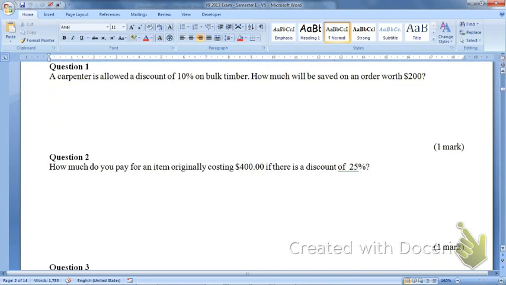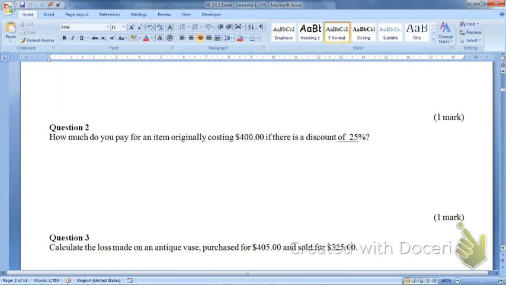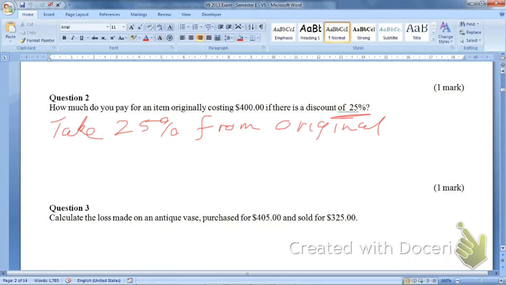Question 2 says, how much do you pay for an item originally costing $400 if there is a discount of 25%? So that means take 25% from the original. Now, 25% is the same as 1/4.